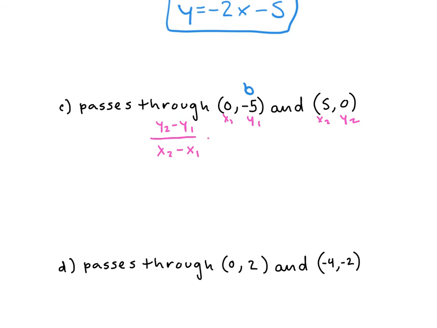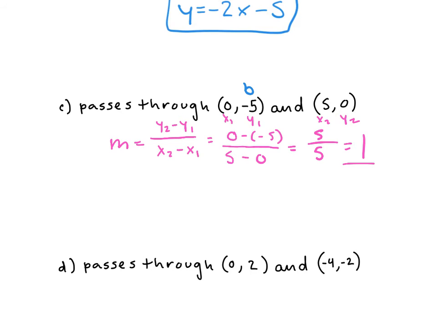Now we plug everything in. So our y2 is 0, sorry. Our y1 is -5. Our x2 is 5, and our x1 is 0. What is 0 minus a -5? Positive 5. And then what's 5 minus 0? 5. What is 5 over 5? 1. So our slope here is 1.